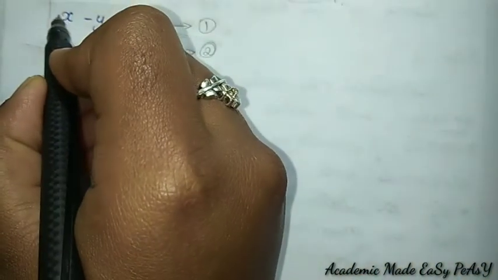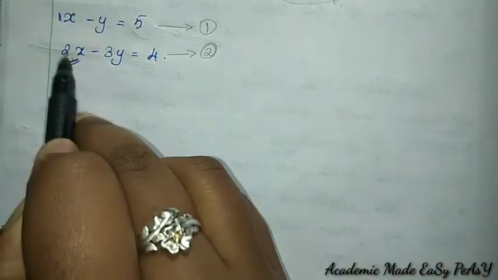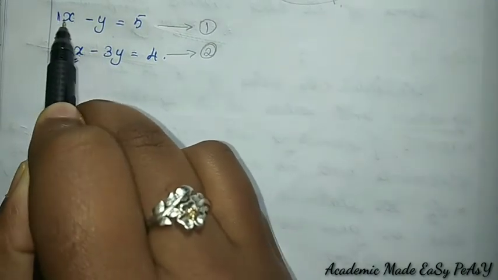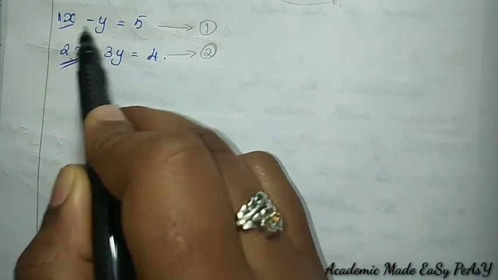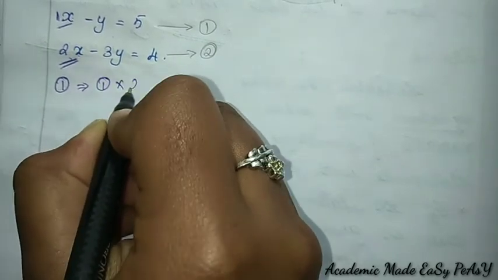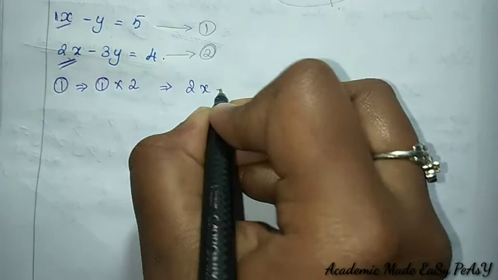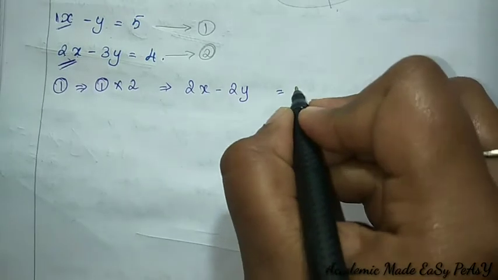Here the coefficient of x is 1, so if I multiply with 2, it gives 2x, and the other equation also has 2x. I can't multiply only one variable, so I multiply throughout. Equation 1 into 2: 2x minus 2y is equal to 10.